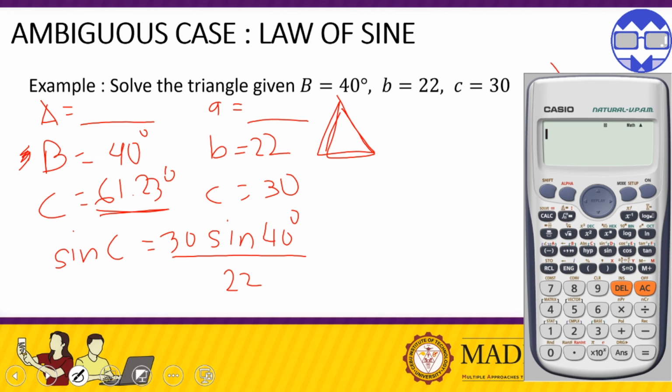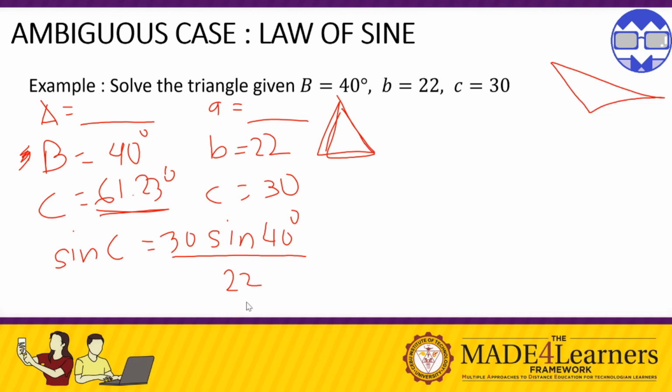And we have an obtuse triangle, where our C is actually 180 minus 61.23, which is 118.77 degrees. So this is C sub 1 and this is C sub 2, where C sub 2 is 118.77 degrees.